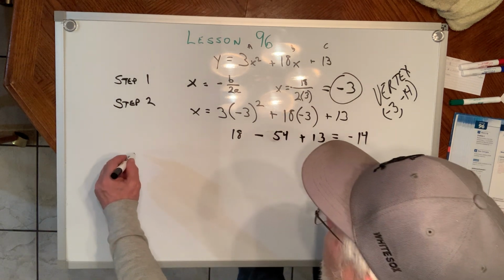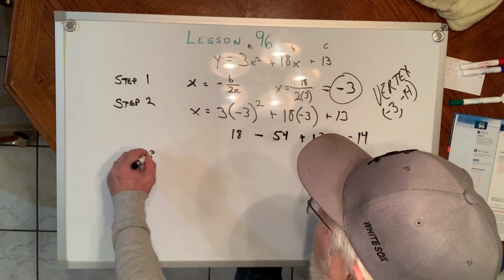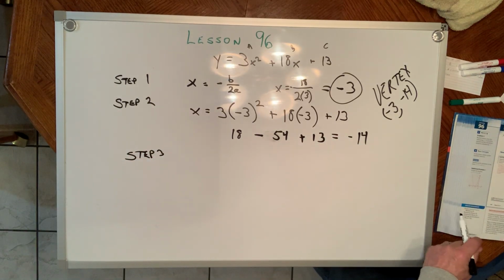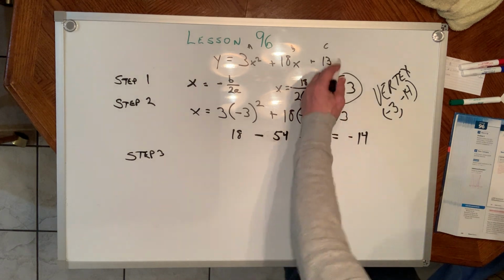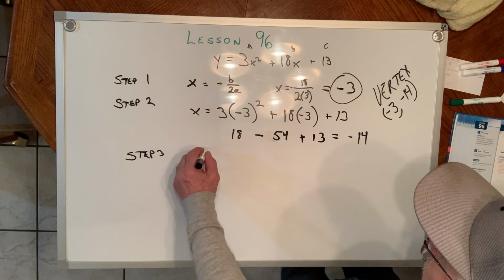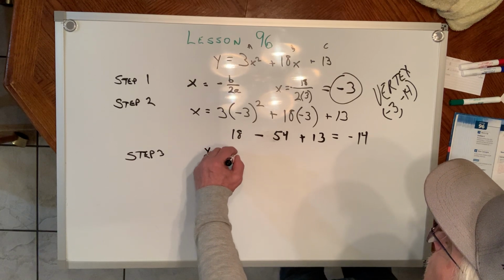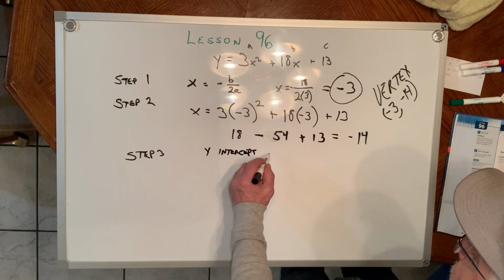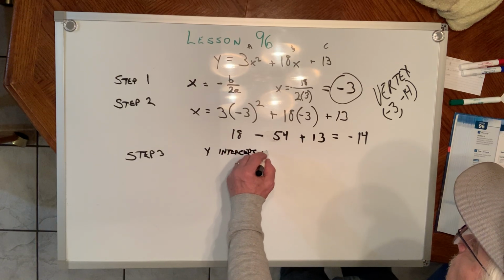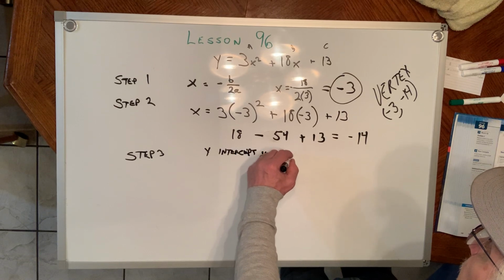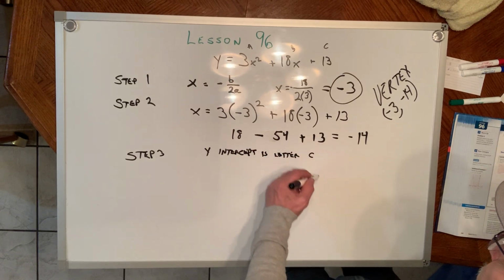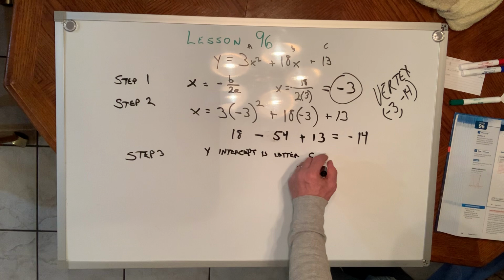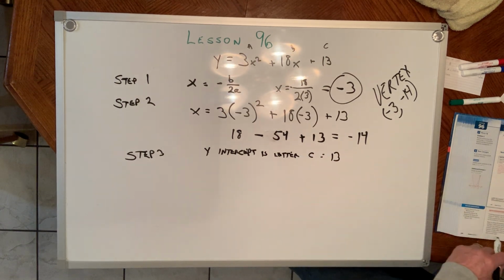Okay, step 3. We are going to find the y-intercept, which we know is letter C. The y-intercept is always letter C. So in this case, it's going to be 13.